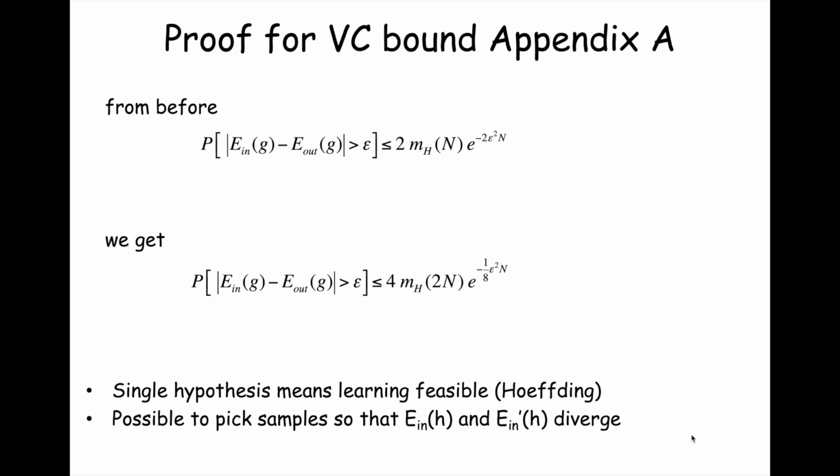And so with this comparison of En of H and En prime of H, we get an equivalent expression that looks at the relationship between in-sample error and out-of-sample error by comparing the performance of the first draw for the hypothesis set against the second draw.